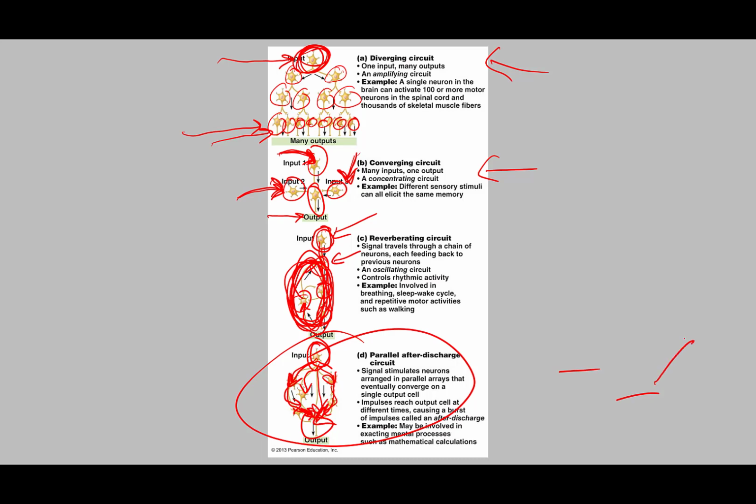That first stimulus, and then right after that, you get the same thing, and you think, it seems like I've felt this before, but really it was just a moment before. It may feel like it was days or weeks or months or years before, but it was really just a moment before. So there is really good evidence that parallel after discharge circuits are responsible for déjà vu.